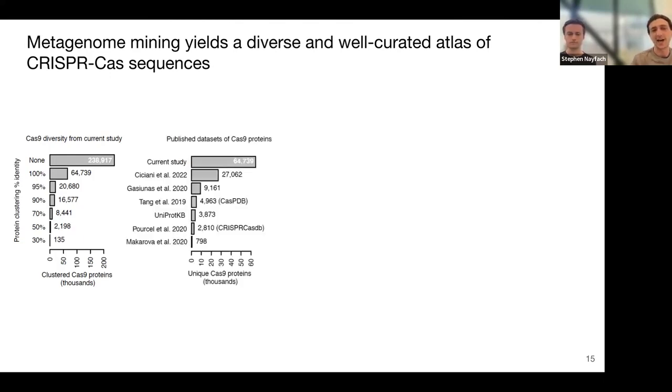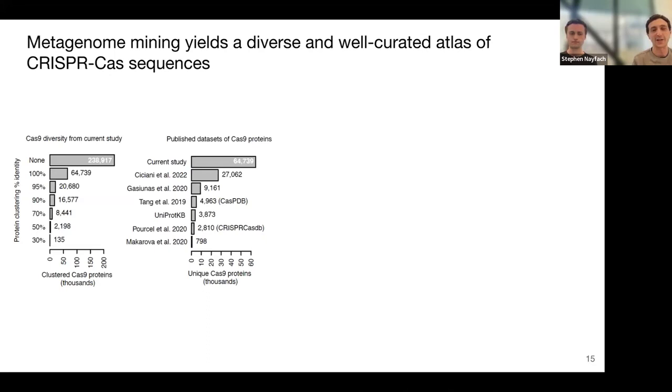And so how does this stack up against what was already existing in the public domain or from the literature? Well, a study from 2022 published a database of Cas9s that amounted to about 27,000 sequences. So our database is a little more than 2.5 times the size of that.